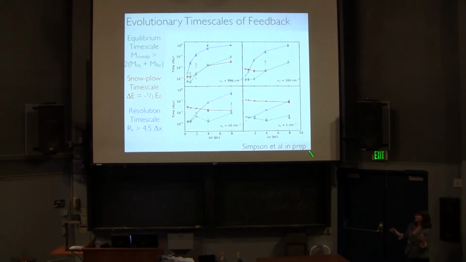The blue is the resolution timescale, and I'm doing simulations at various resolutions and densities going from 1 particle per cubic centimeter to 1,000. Basically, as you go to denser material, the resolution timescale starts to exceed the cooling and the equilibrium timescale, and when that happens, you get a large dispersion in the snowplow timescale and the equilibrium timescale.